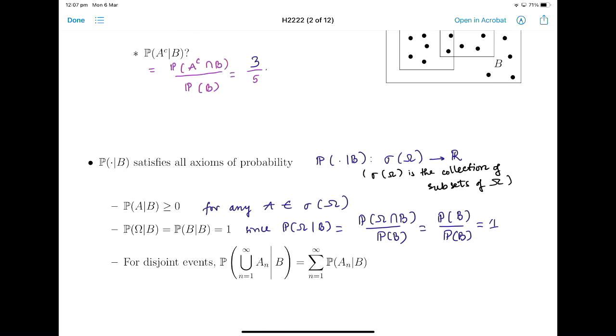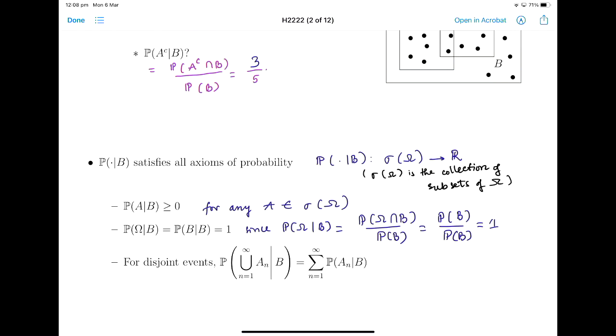What is sigma of omega? The sigma algebra of a set omega is a set of subsets of omega satisfying the condition that it is closed under countable union and countable intersection.